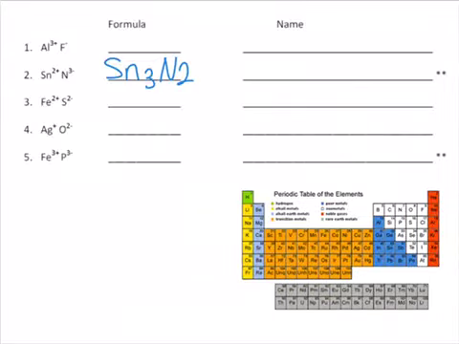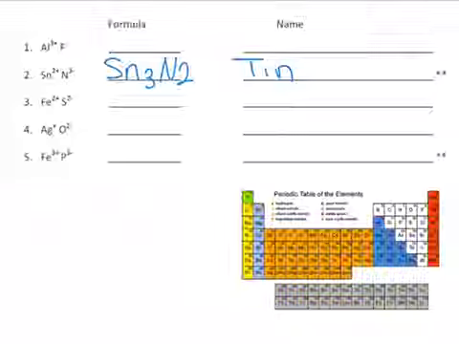So here we have tin, and we have nitrogen, which becomes nitride.